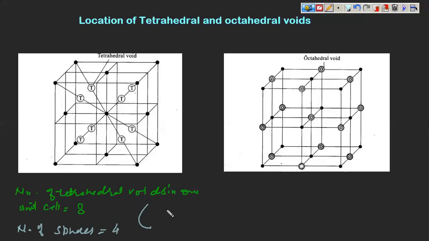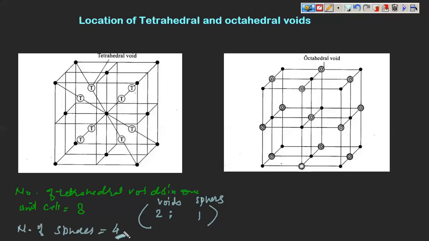So the ratio of spheres to voids is 4:8. Per sphere there are 2 voids.